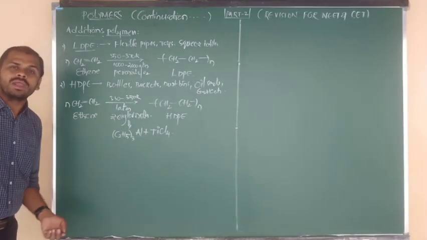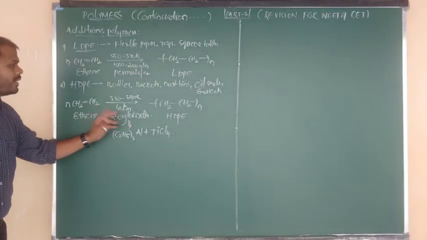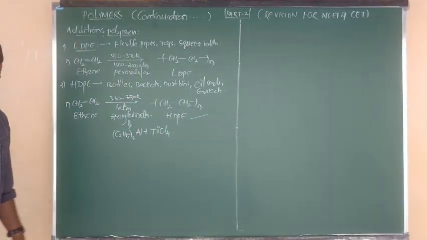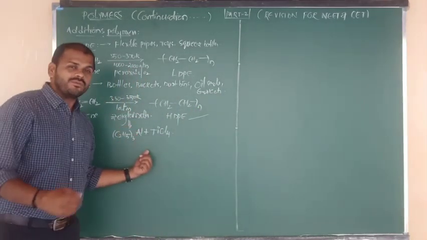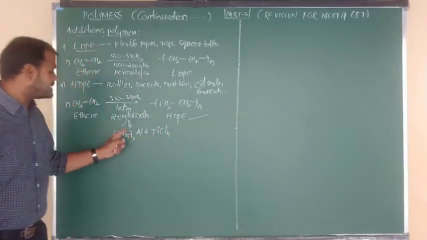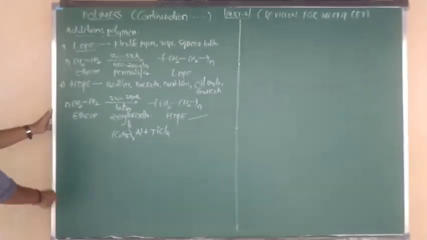This mixture is known as Ziegler-Natta catalyst. This catalyst is used in the preparation of HDPE polymers. This question was repeated: the catalyst used in HDPE polymer is Ziegler-Natta, and try to remember the composition formula.